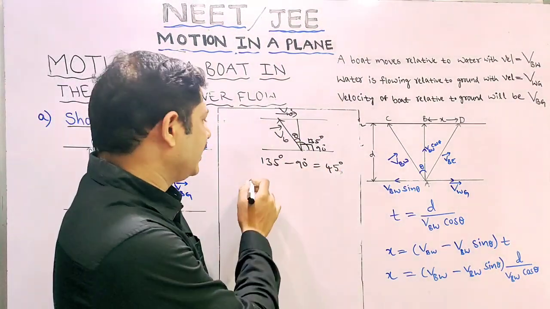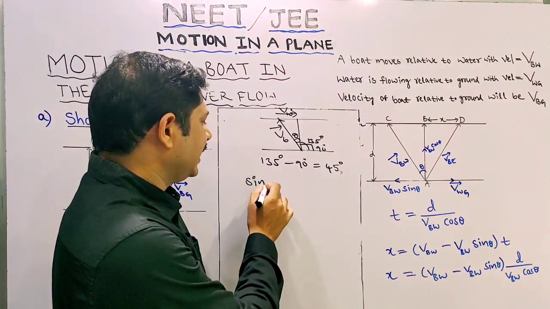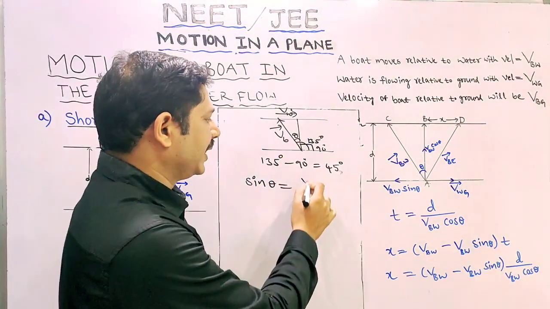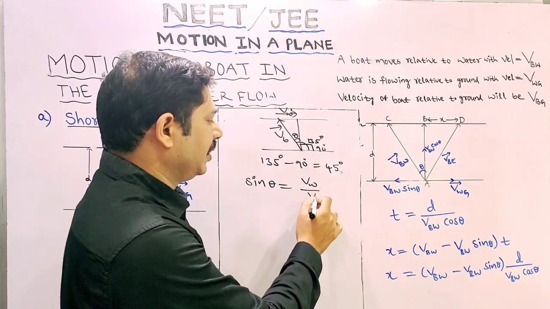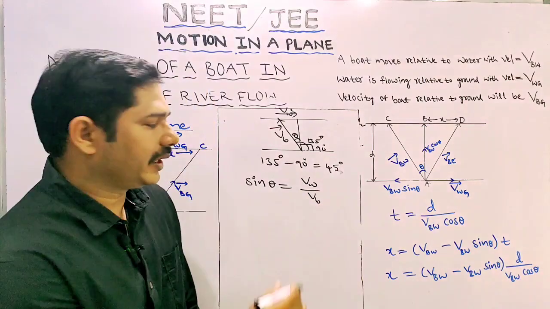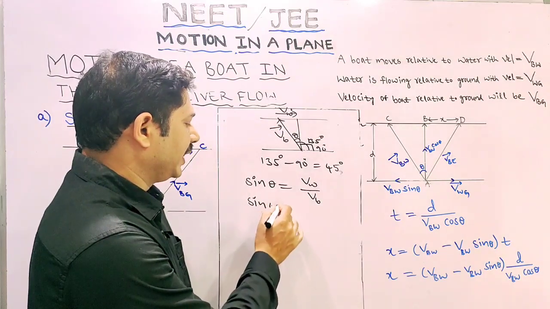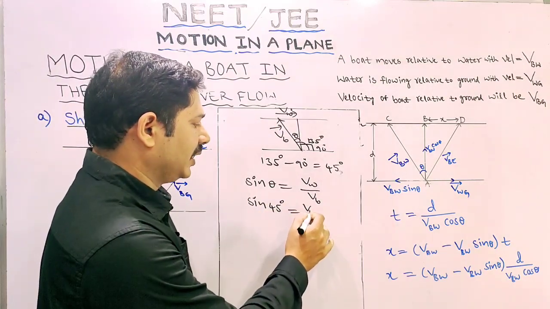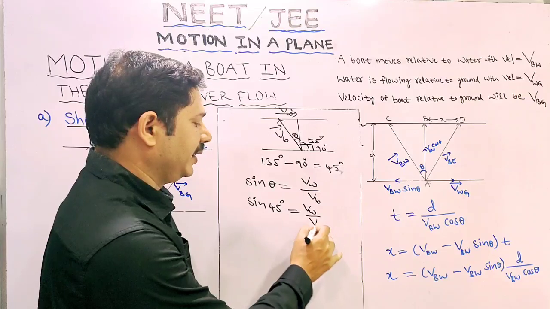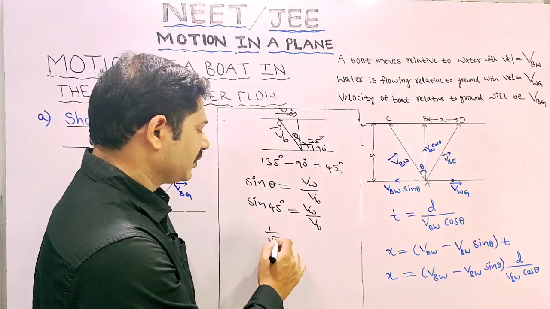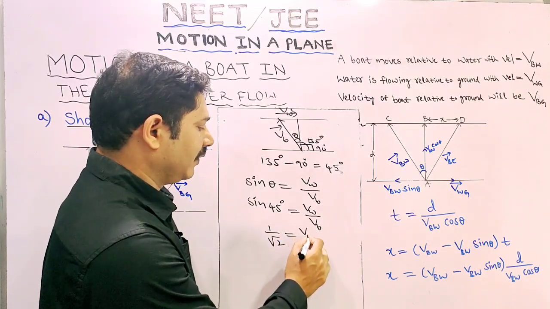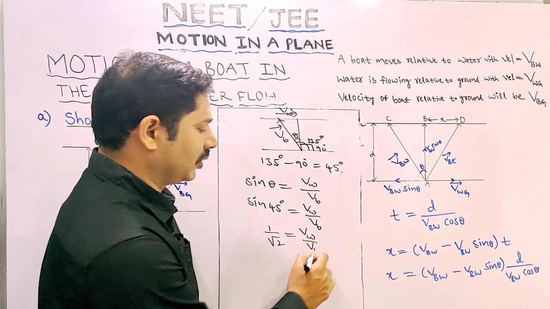From the sine function, sine theta equals opposite by hypotenuse, the water velocity by boat velocity. Substituting theta, sine 45 degrees equals VW by VB. Sine 45 value is 1 by root 2.